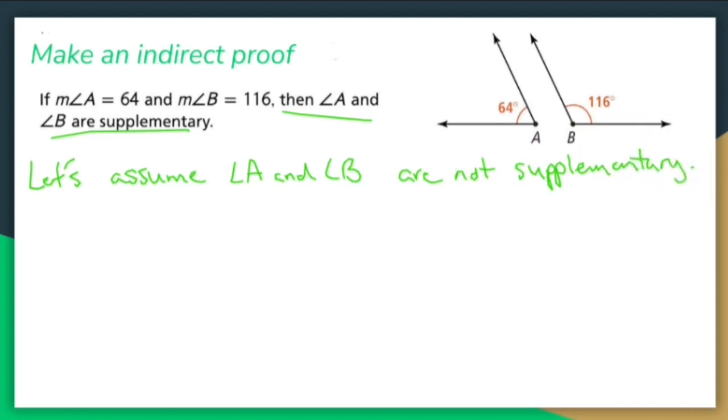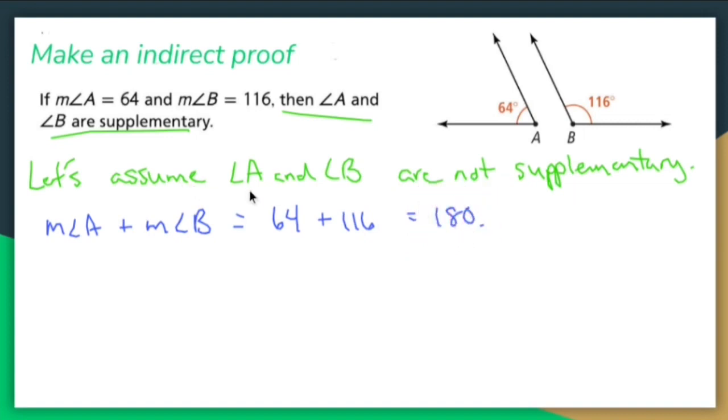Let's get a different color. The measure of angle A plus the measure of angle B is the same thing as 64 plus 116, which is 180.